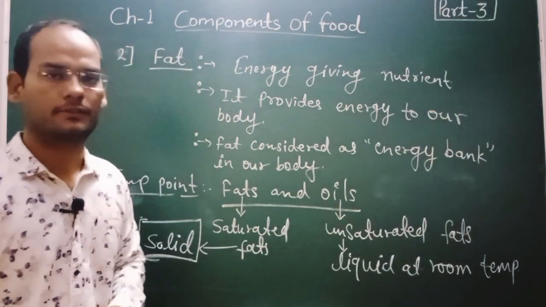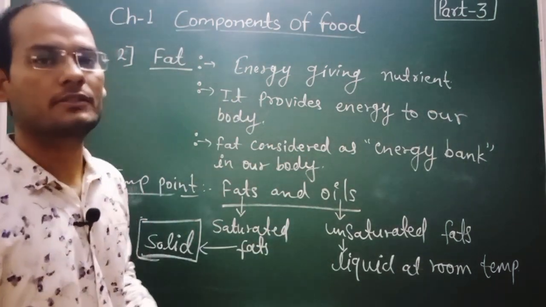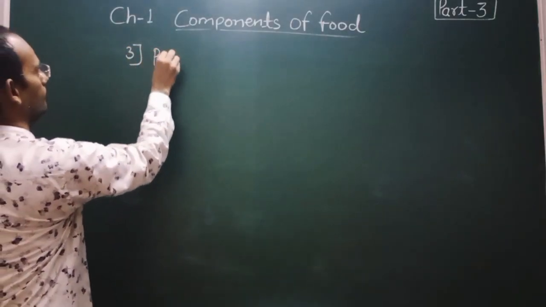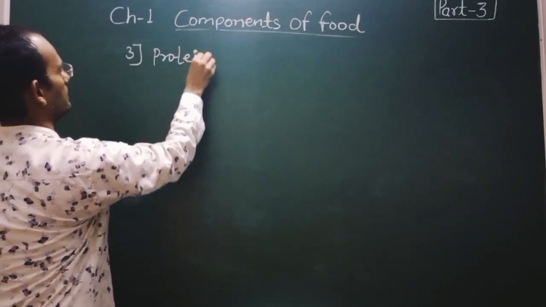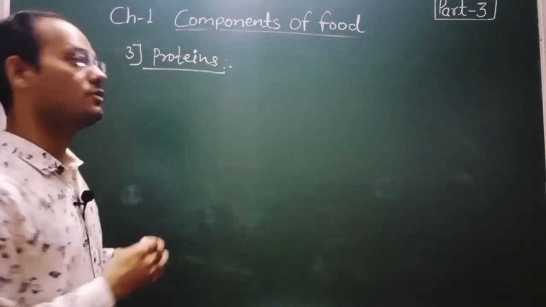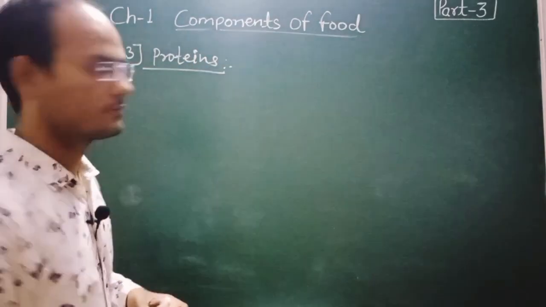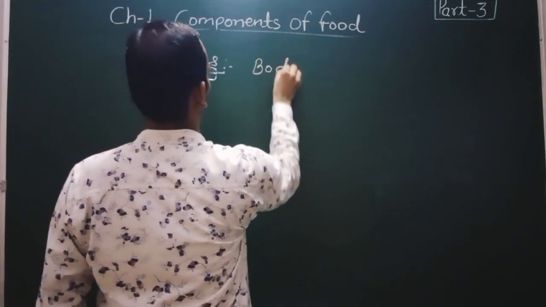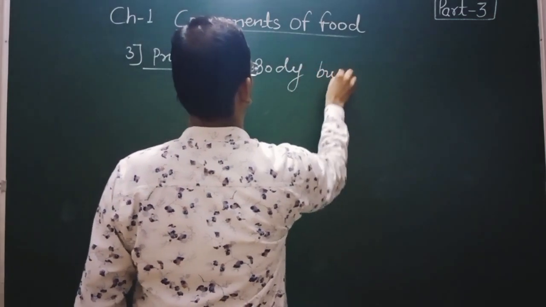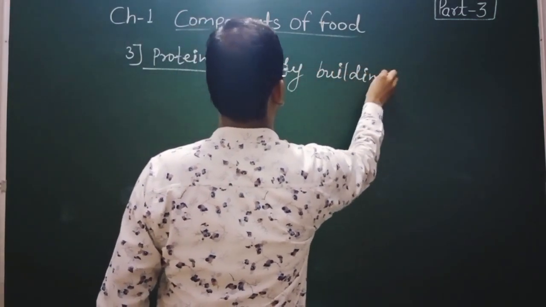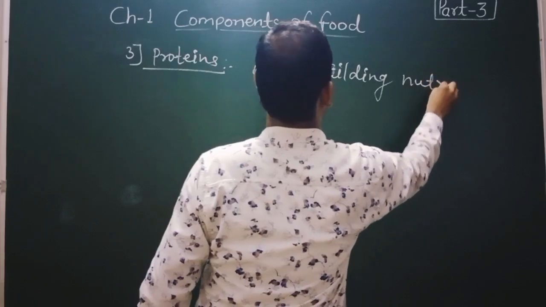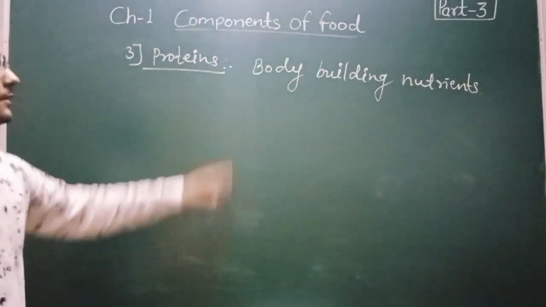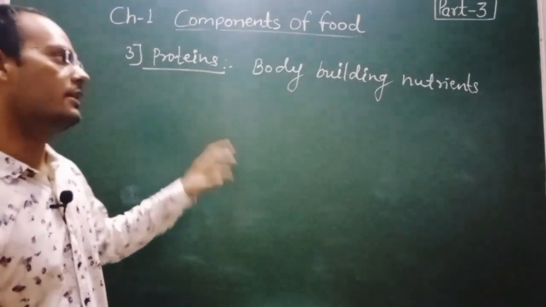So this is about fat. Now the next nutrient is protein. Proteins are called bodybuilding nutrients.